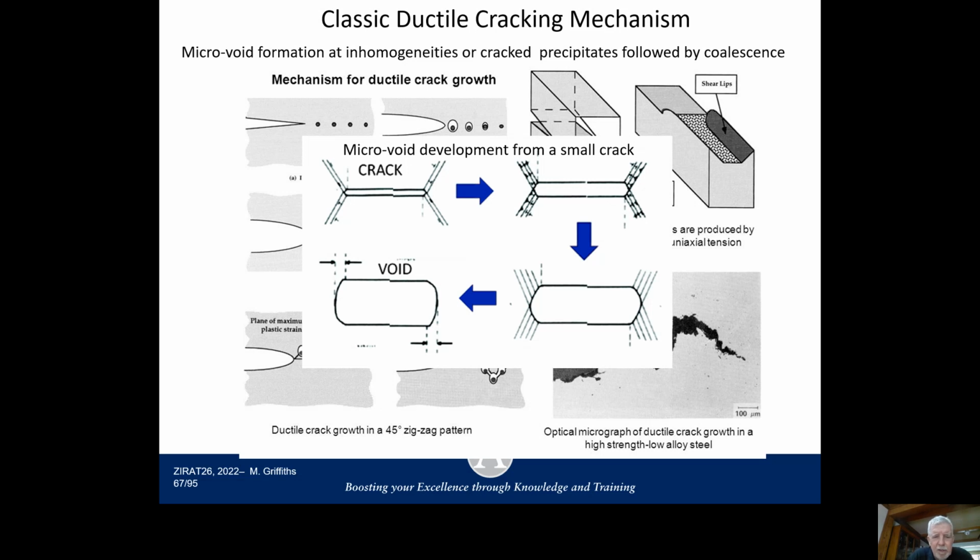The way that this happens is just basically by slip. You get a crack, you'll get some emission of dislocations at the crack tip. This extends the crack, opens it up, and extends the dimensions of what you can call a void.